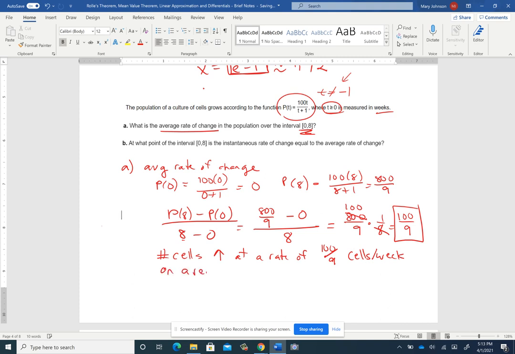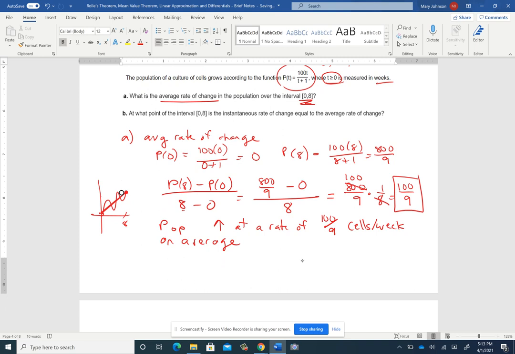Doesn't mean it definitely does that. So you can think about it like the number of cells is increasing at a rate of 100/9 cells per week on average. It doesn't mean from 0 to 8 it just grew like that. It could have done all sorts of other stuff in between, but on average, you found the slope of that line to be 100/9.